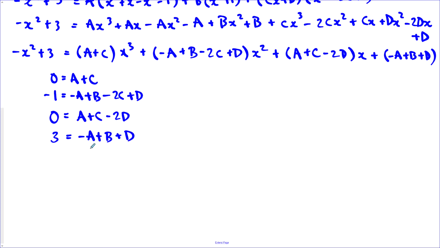And now we have to solve this linear system. So it looks like the first and the third equations are very similar here. And if we subtract them, we'll say 1 and 3.